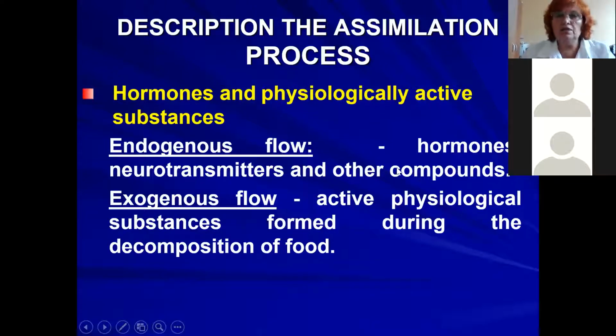Endogenous are hormones, neurotransmitters, and other compounds. Exogenous flow: active physiological substances formed during the decomposition of food.